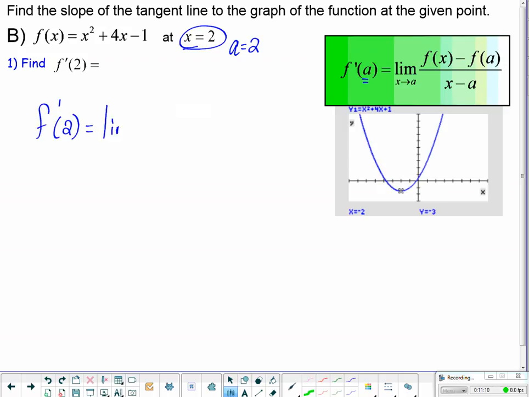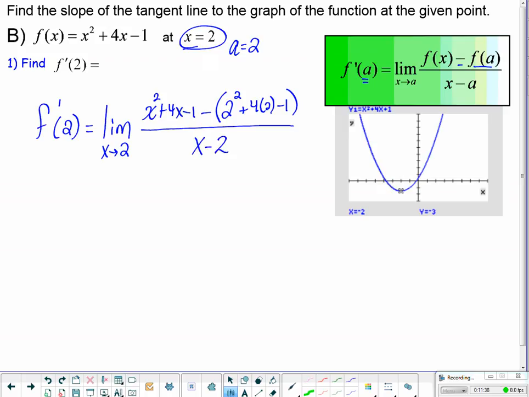The limit as x goes to a, but my a value is 2, of f of x, which is x squared plus 4x minus 1. Then I go into the minus f of a, plugging in 2 everywhere I see an x, divided by x minus a, but my a is 2.